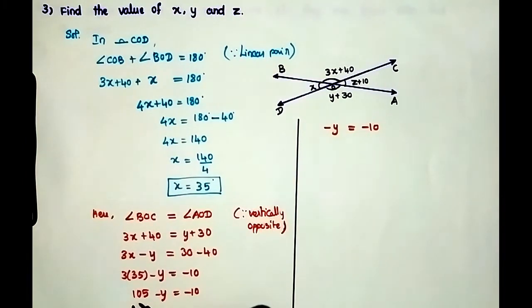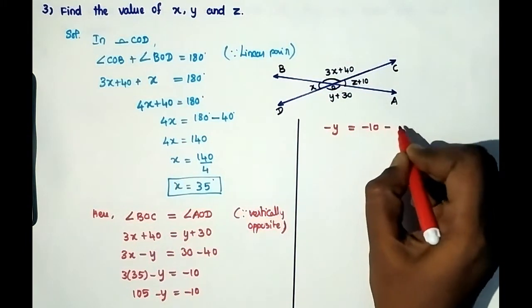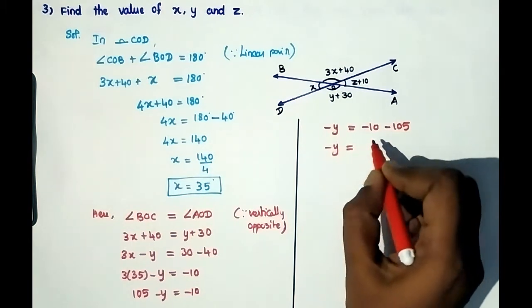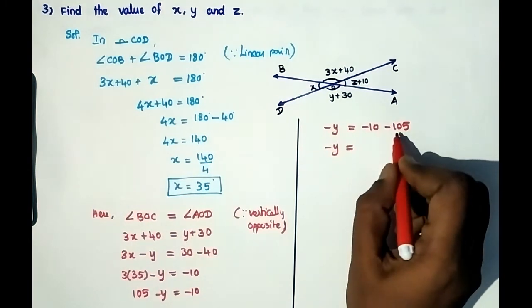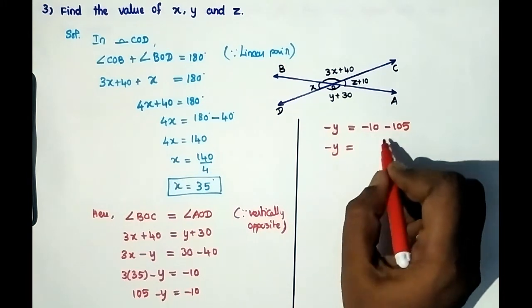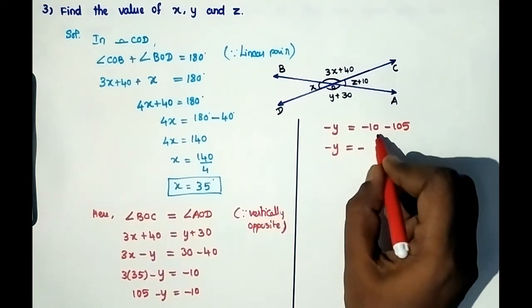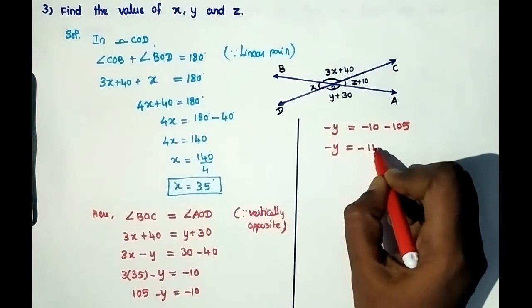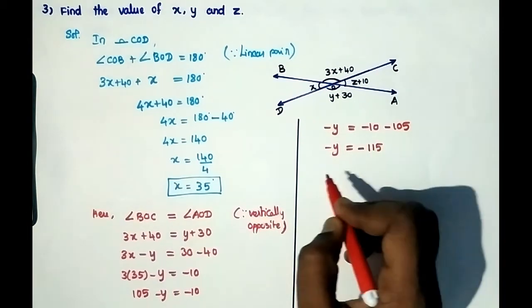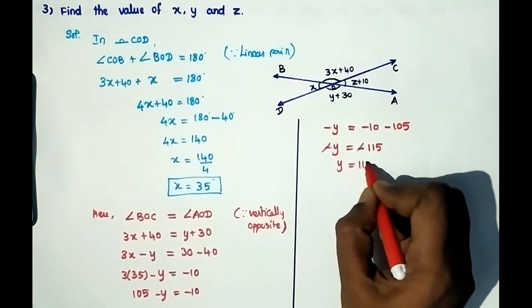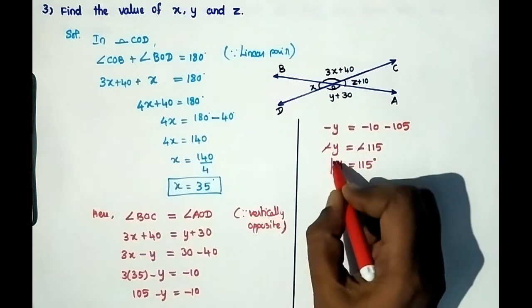Here plus 105, bring this side means minus 105. So minus y equal to minus 10 minus 105. Both are same sign. So add this one with the same sign. Minus 115. Minus minus get cancelled. So y equal to 115 degree.